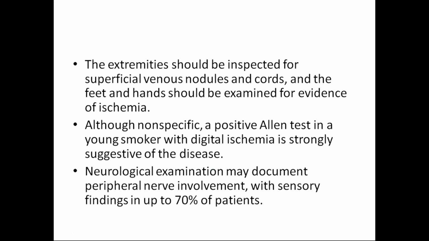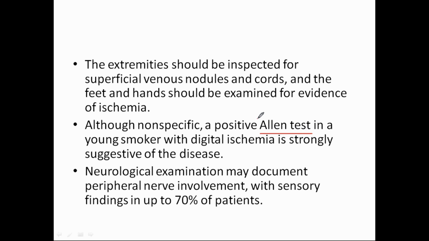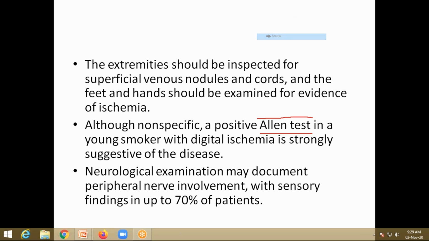Extremities should be examined for superficial venous nodules, ulcers, any signs of ischemia, and Allen's test. I hope again you people know Allen's test, the most common vascular test done in the upper limb. If Allen's test is positive, it is suggestive of Buerger's disease, especially if it is a young fellow.